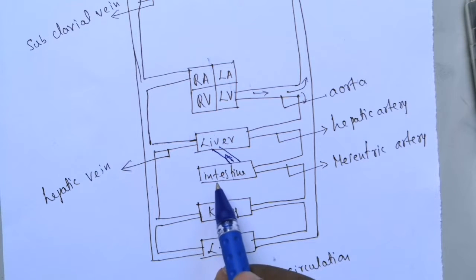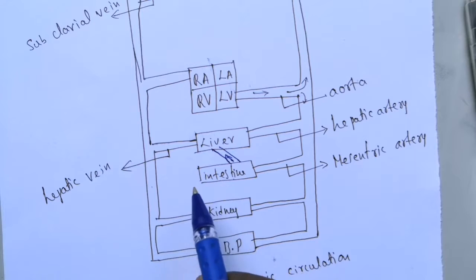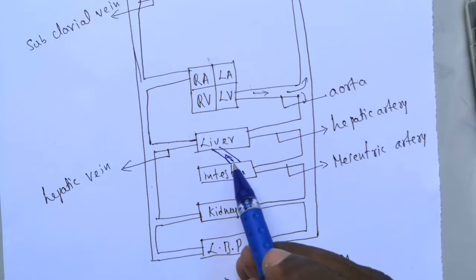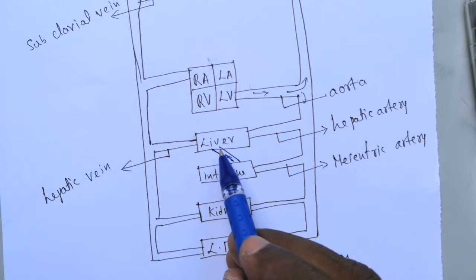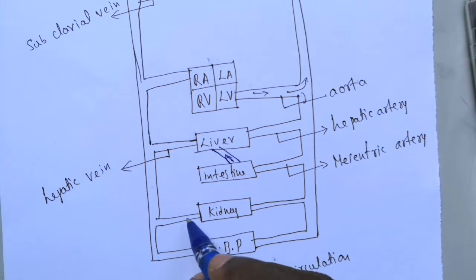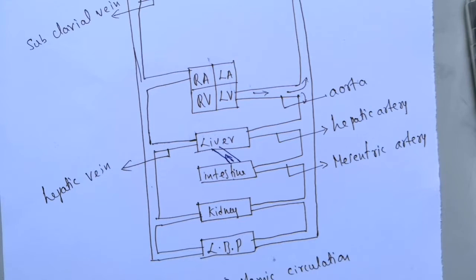If that high nutritious food enters directly into the bloodstream, it is not at all good for the body. That is the reason why the blood goes to the liver, where the liver converts excess glucose, amino acids and fatty acids into glycerol. Now the blood comes out of the body parts.